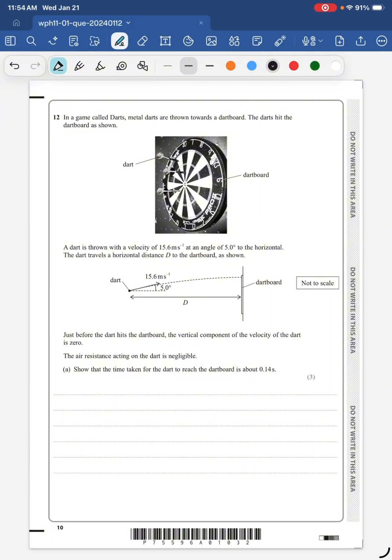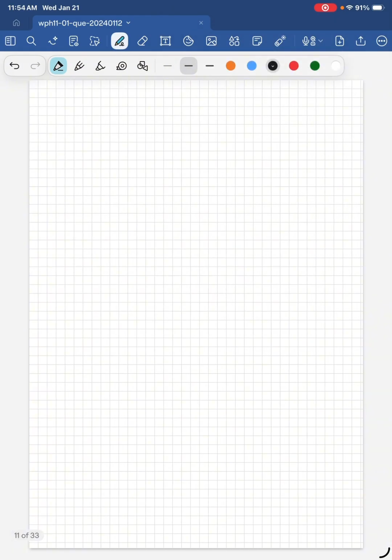Okay, let me use a clean page for this. So this is the velocity, and it has two components, okay? The horizontal component, so this angle is 5 degrees. So the horizontal component is 15.6 times cosine 5 degrees.